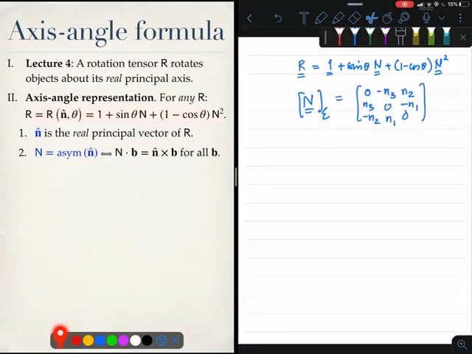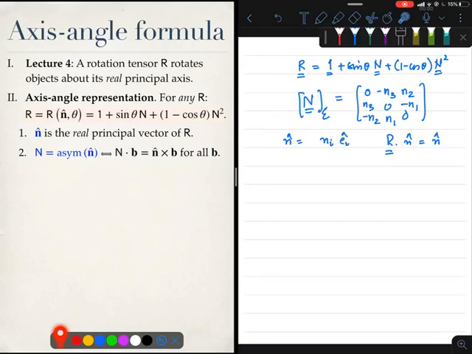Here I have written down the formula for R, and I have reminded you what capital N means in terms of small n. So small n would be Ni Ei, and R dot small n is n. N is a real principal vector. So to repeat, given R you can compute n, and given n you can compute capital N. What about theta?